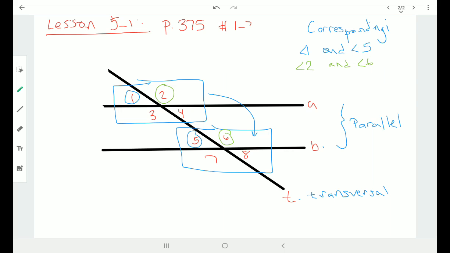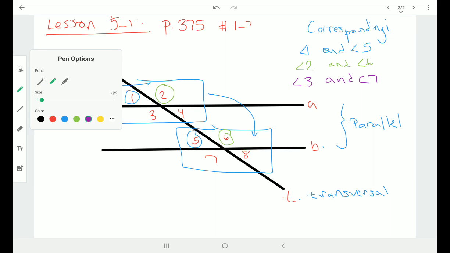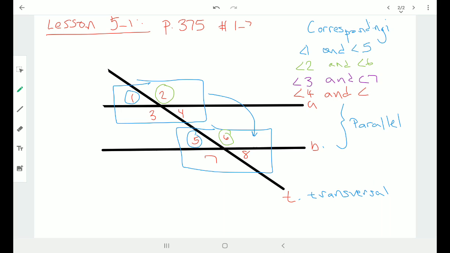Meaning that they have the exact same properties. Okay, so angle 1 and angle 5, angle 2 and angle 6, angle 3 and angle 7 would be corresponding angles. And lastly, angle 4 and angle 8 would be corresponding. Okay, so all of those would be corresponding angles.